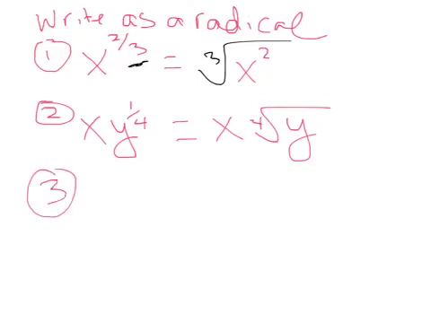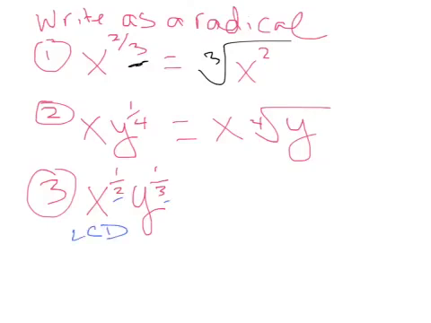Another example might be something like this. X to the 1/2, y to the 1/3. In this case, they're different indexes, which means they would result in a square root and a cube root. We don't want that. We want one radical. So this right here, what we're going to want to do before we switch is find the lowest common denominator.